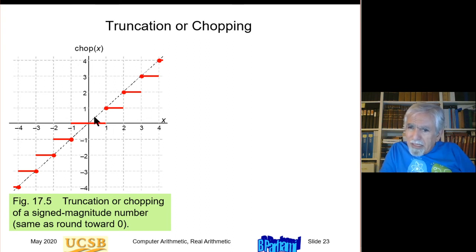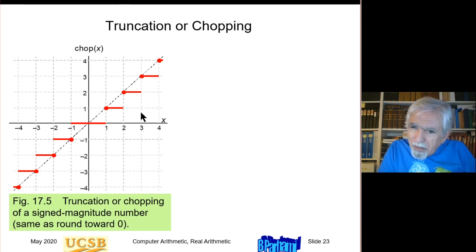Whenever x is in the range 0 to 1, not equal to 1, but just less than 1, it's chopped to 0. If it's 1 all the way up to, but not including 2, it is chopped to 1. 2 to 3 is chopped to 2, and so on.